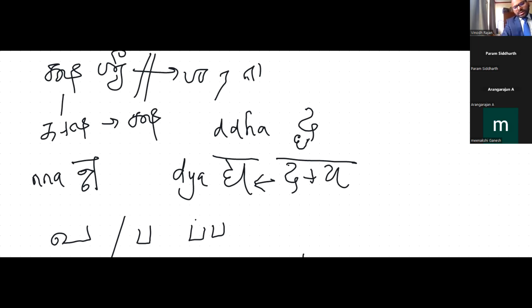And you can have str. So this behaves like one single contiguous letter.